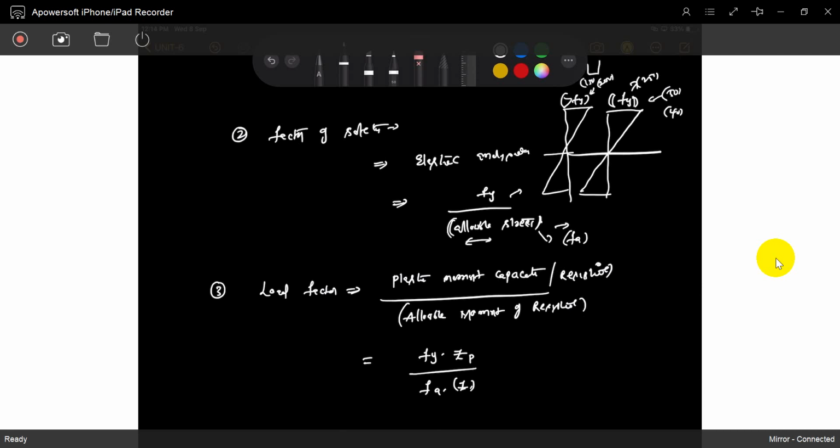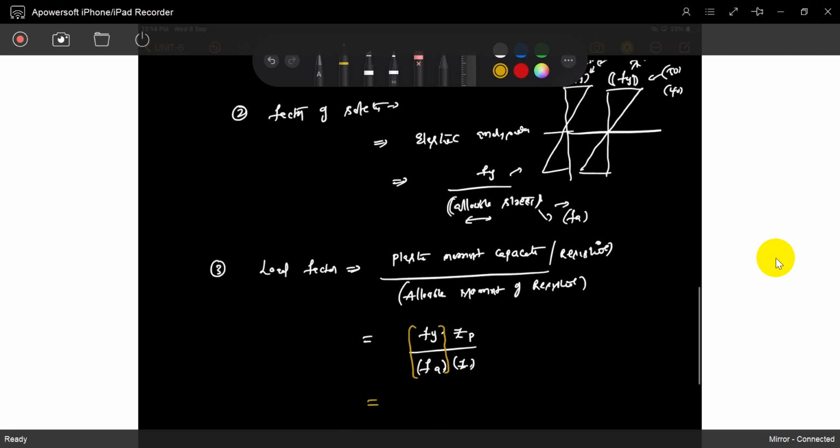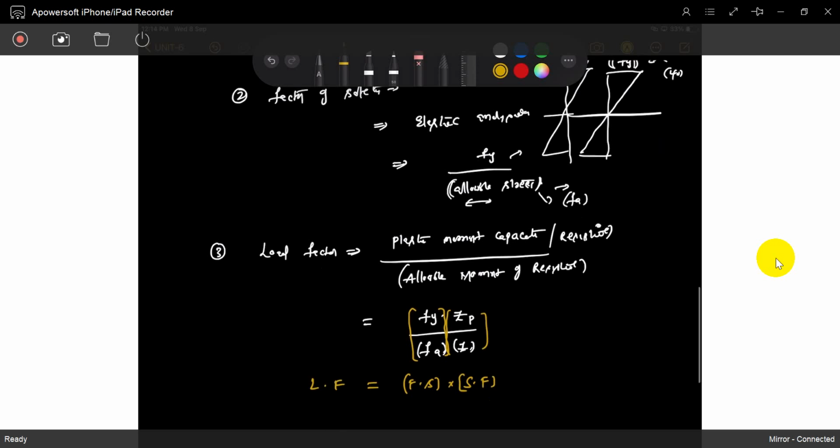We allow only Fa, not Fy, because we maintain a factor of safety. This is what a factor of safety is, and this is what a shape factor is. That is called the load factor. Okay, that is the idea.